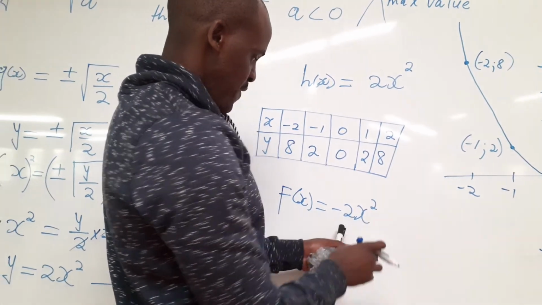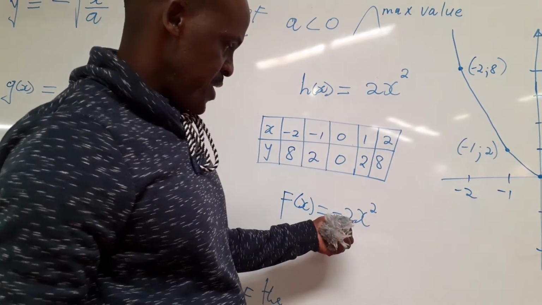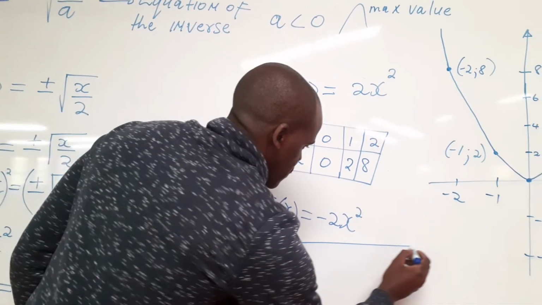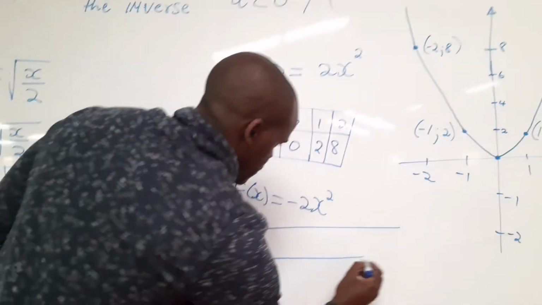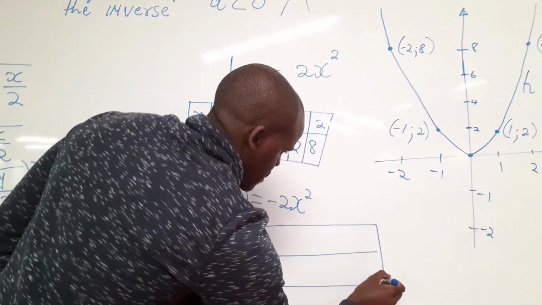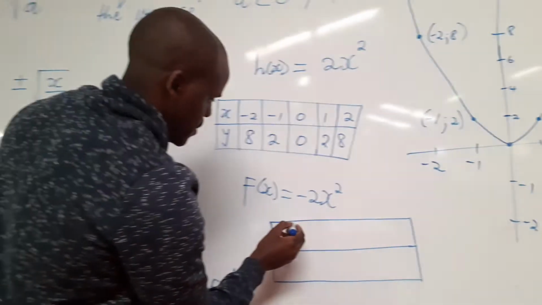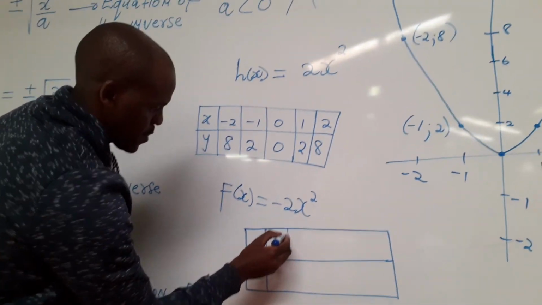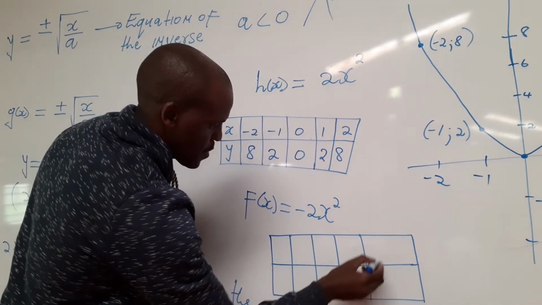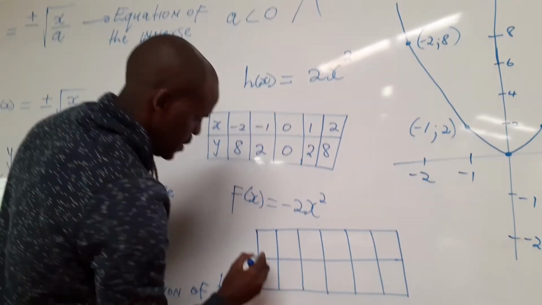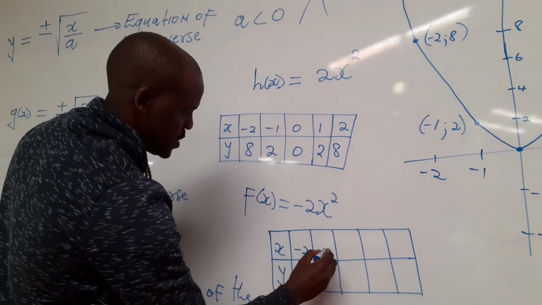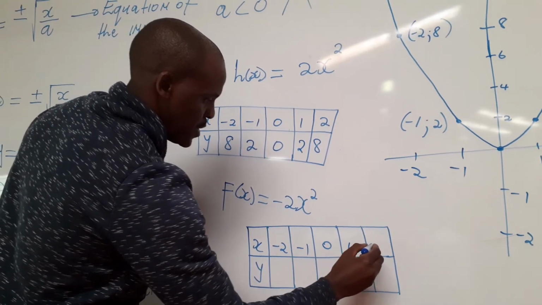So now we have changed the coefficient. We've got x as -2, -1, 0, 1, 2.